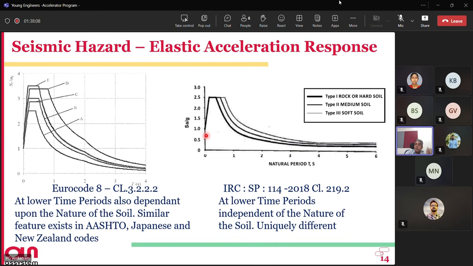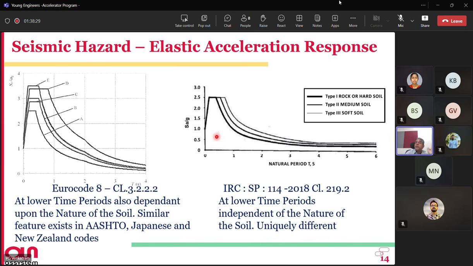And response reduction factor is possible, I'm not saying always permissible, is possible for those which have got non-elastomeric bearing and you have fixed and free conditions in the connection between the superstructure and substructure. When you do that, then in order to be able to design for smaller forces, you must make provision.